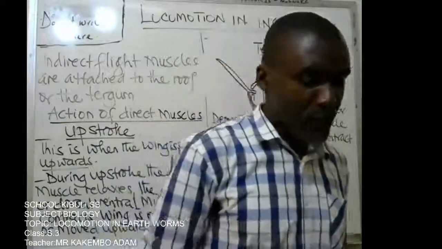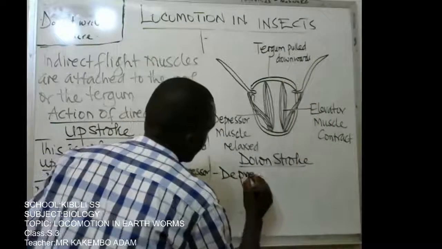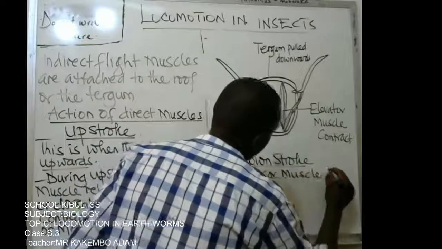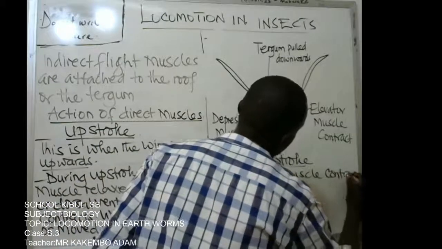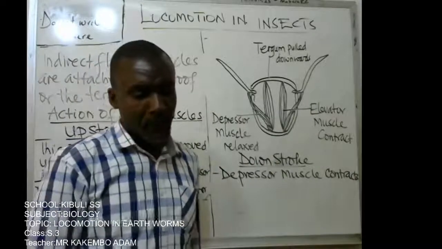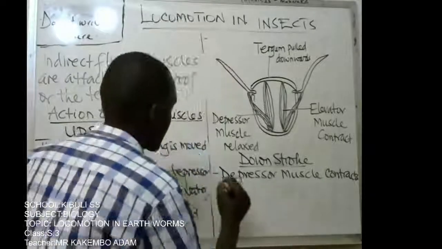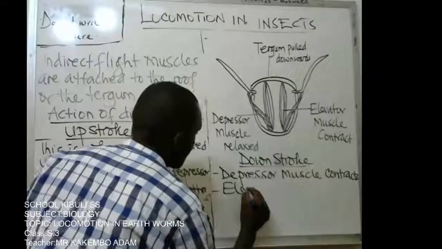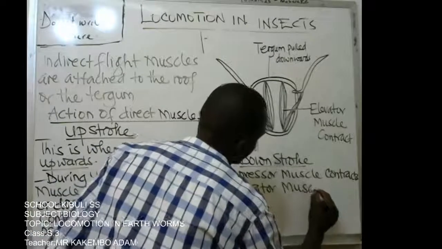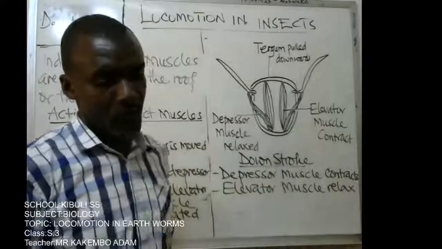The depressor muscle contracts. The elevator muscle relaxes.